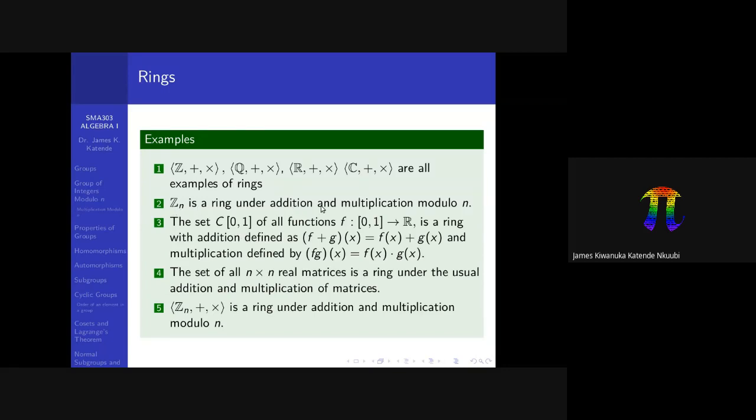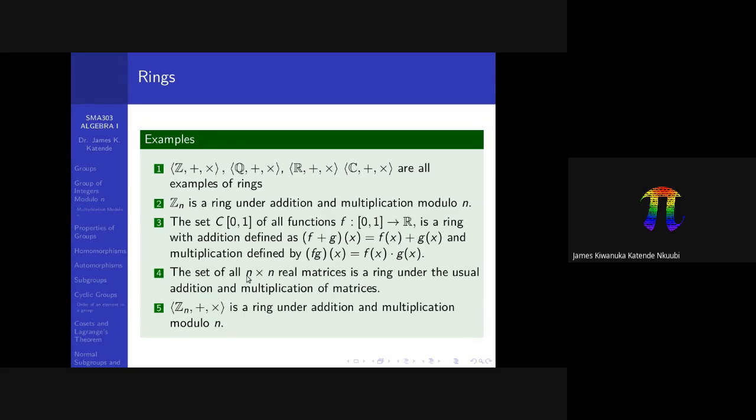Now Zn will only be a division ring if n is a prime number. If n is not prime, then it will not be a division ring. The set of n by n real matrices, if you consider all of them without any discrimination, will not form a group under multiplication of matrices.